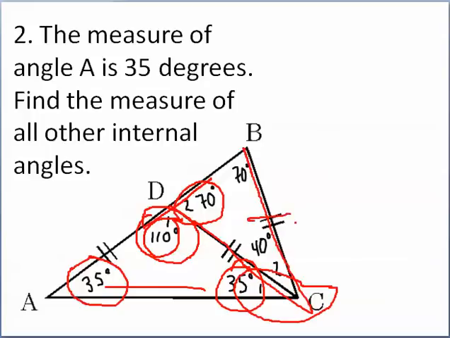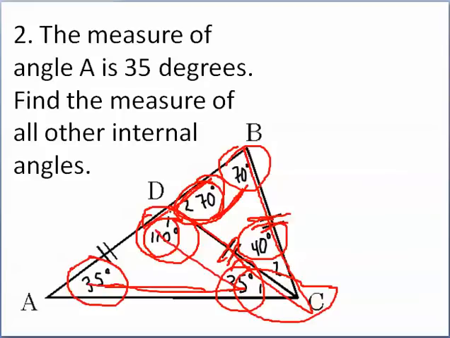We know that because of these two straight lines right here. And so if this is 70 degrees, then this is 70 degrees. Subtracting these two from 180 leaves us with 40 left over. And so we wind up having 35, 35, 110, 70, 70, and 40 as the internal degrees.